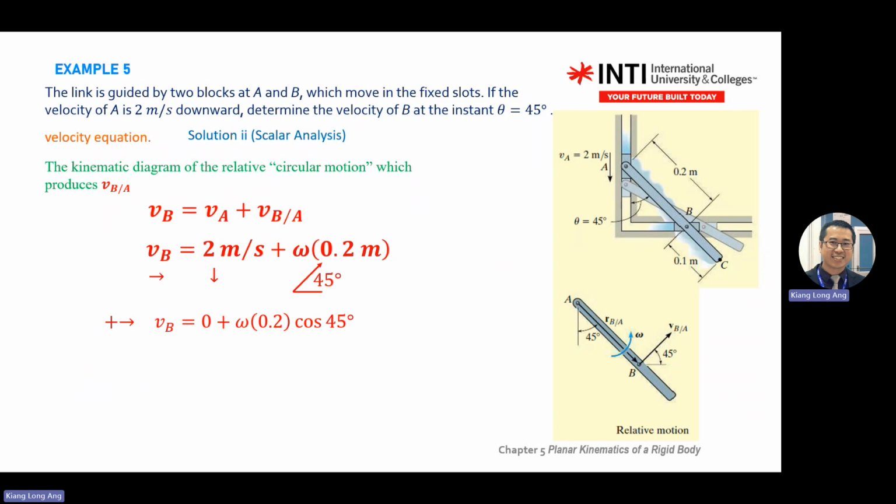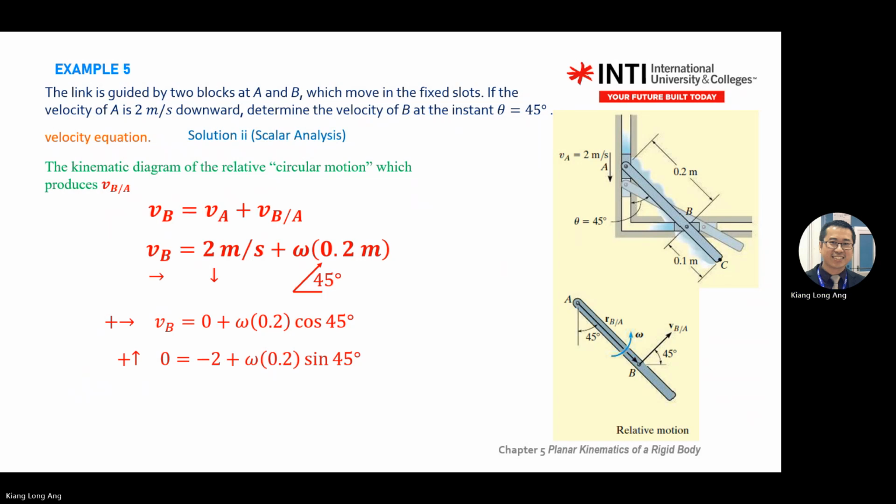So you split into X and Y direction. You do X direction first. X direction VB, this one is in Y, so becomes 0. This one you split into X direction, so omega 0.2 cos 45. Then for Y direction, this one is not Y, so 0. This one Y negative 2.